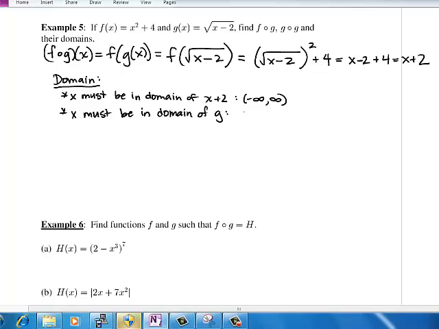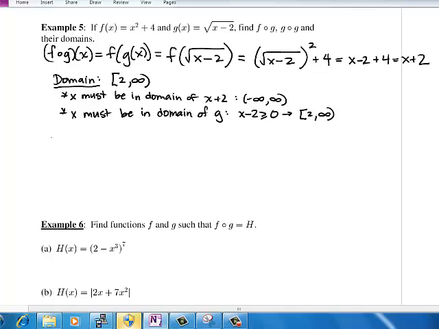And in that case, we need x minus 2 to be greater than or equal to 0. So we get anything from 2 to infinity. So even though the final formula looks pretty simple, x plus 2, the domain for f circle g would only be 2 to infinity, because before we can get to the final part, we have to first pass through the function square root of x minus 2.